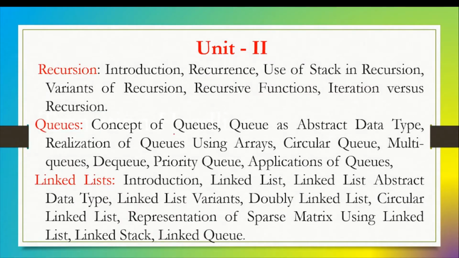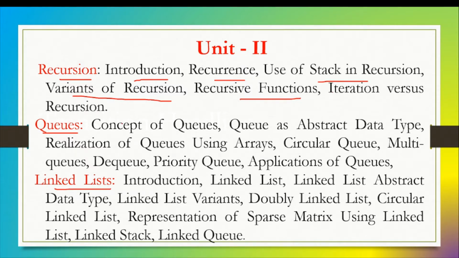In the second unit we have 3 chapters: recursion, queues, and linked list. In recursion we will learn what recursion is, how to implement recursion using stacks, what recurrences are, different variants of recursion, what a recursive function is, and the different versions of iteration and recursion.